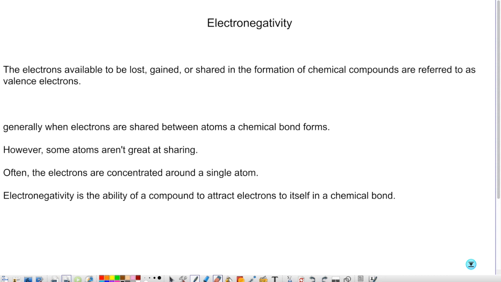And when that happens, you form a compound. And so the electrons that are available to be lost, gained, or shared in the formation of chemical compounds are referred to as valence electrons. And generally, these electrons are sort of the outermost subshell.